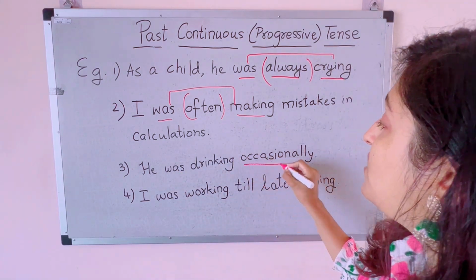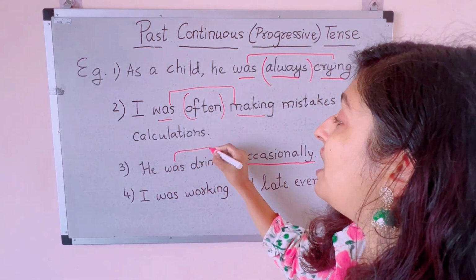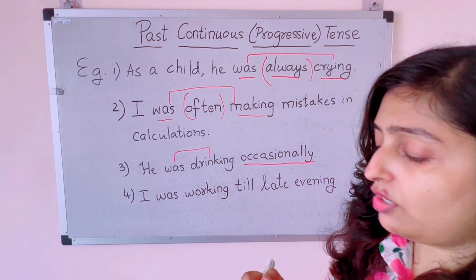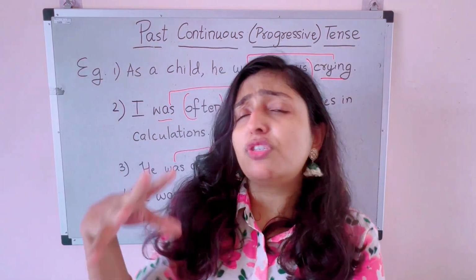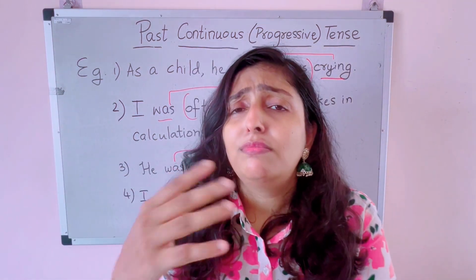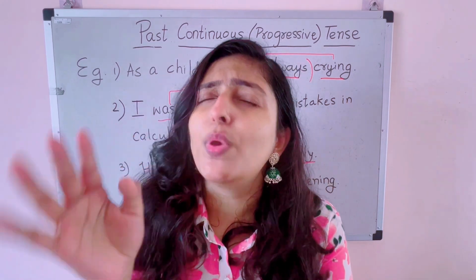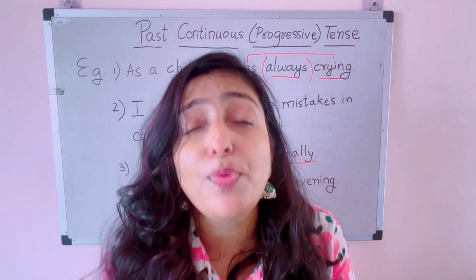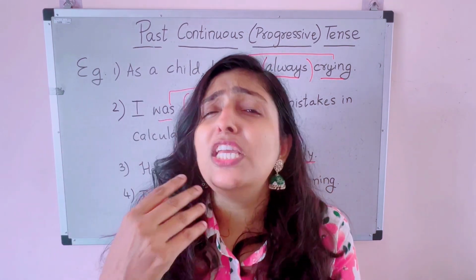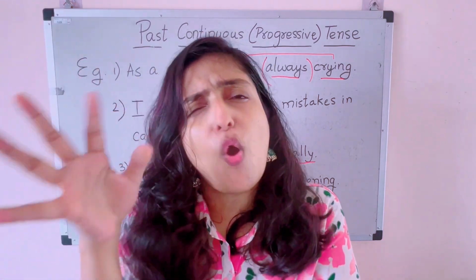Now this is the expression of time, and this is in past continuous. He was drinking occasionally. So I'm just sharing an incident of my friend. Oh, my friend, a few years back, he just lost his BMW. He got broken-hearted and he took to drinking. He started this drinking habit. Oh, it was occasionally.